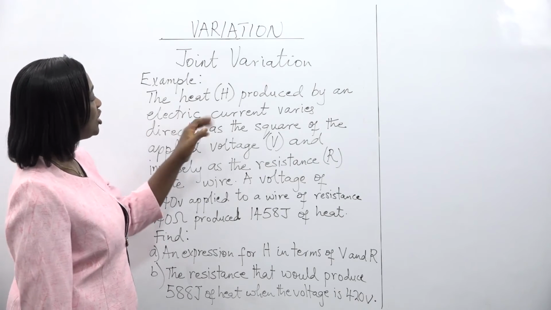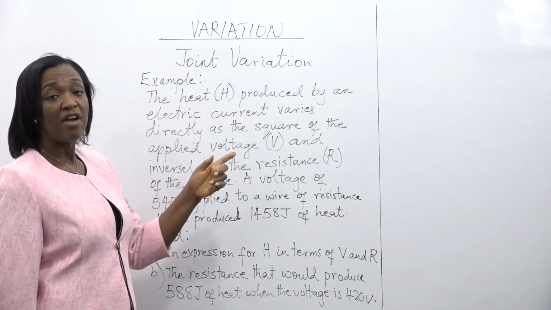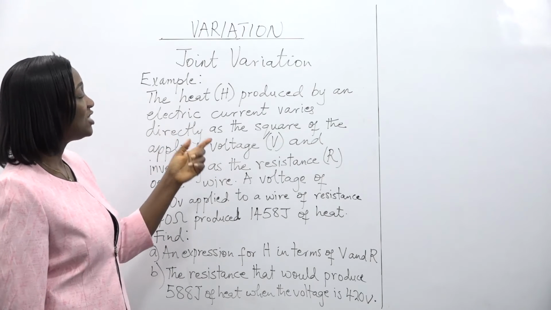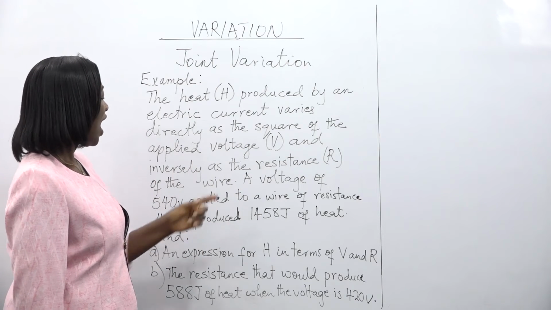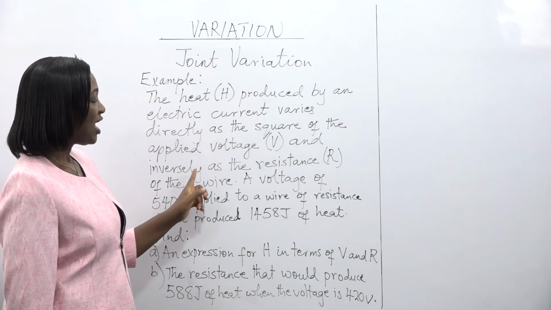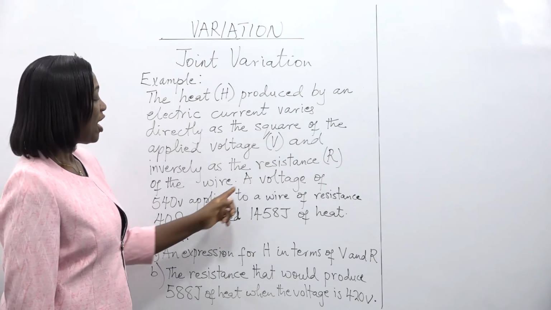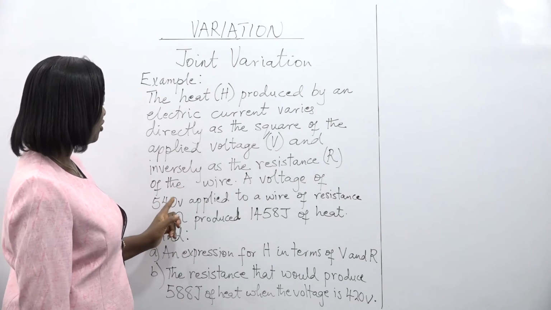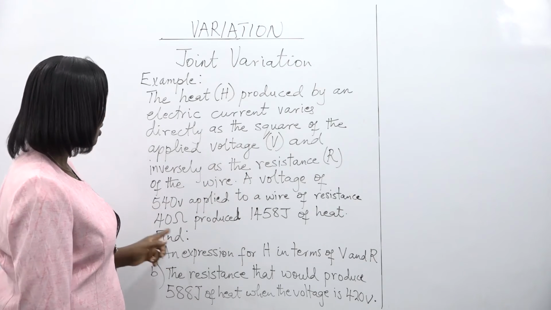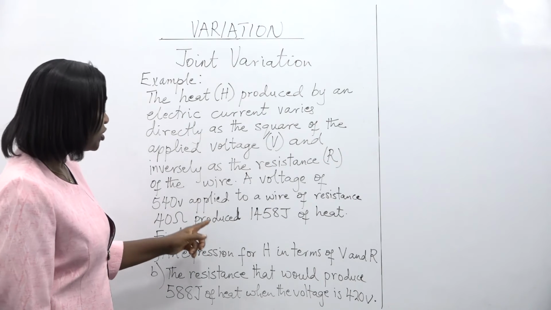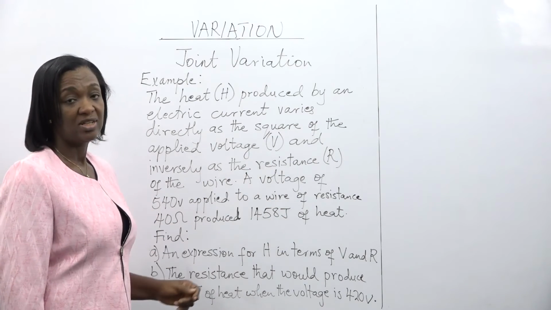The heat H produced by an electric current varies directly as the square of the applied voltage V, and inversely as the resistance R of the wire. A voltage of 540 volts applied to a wire of resistance 40 ohms produced 1,458 joules of heat.